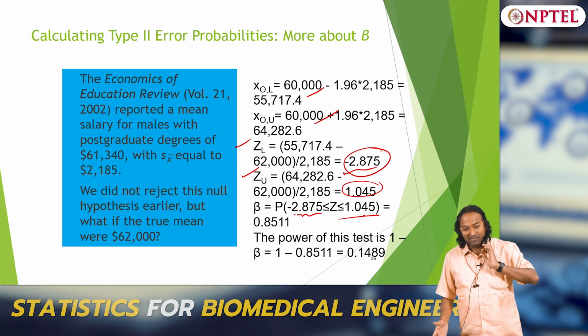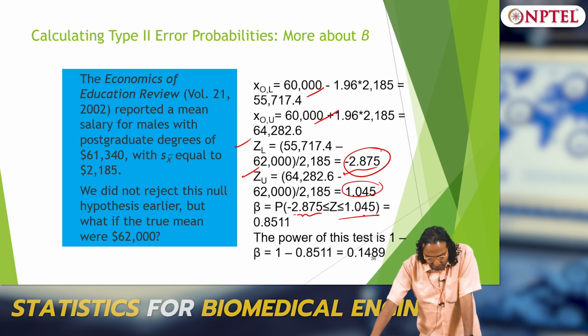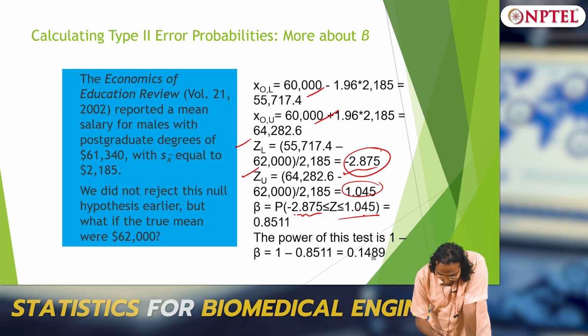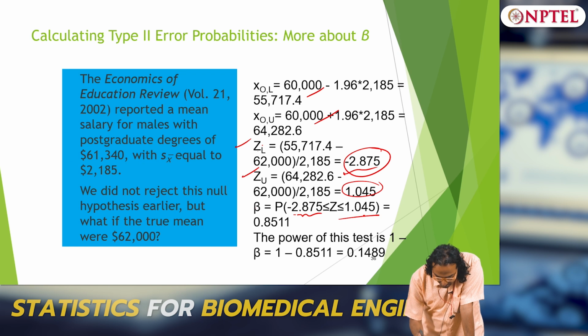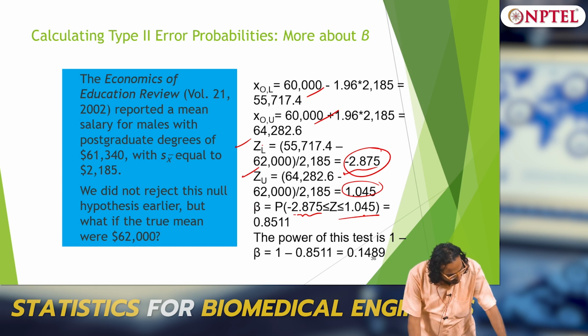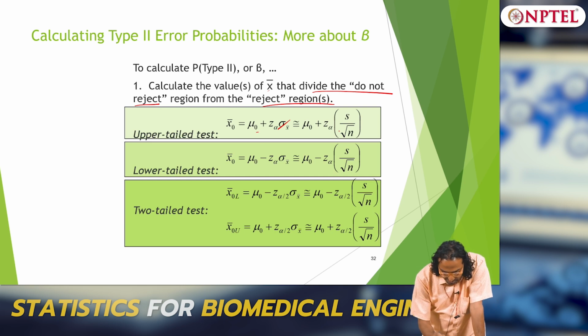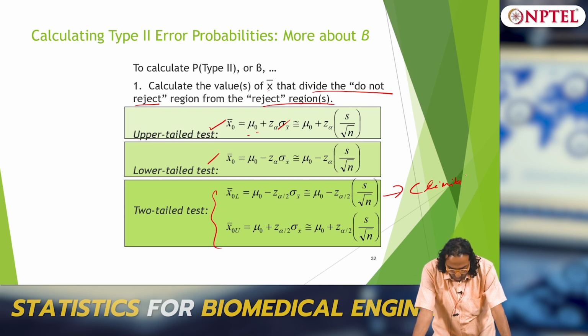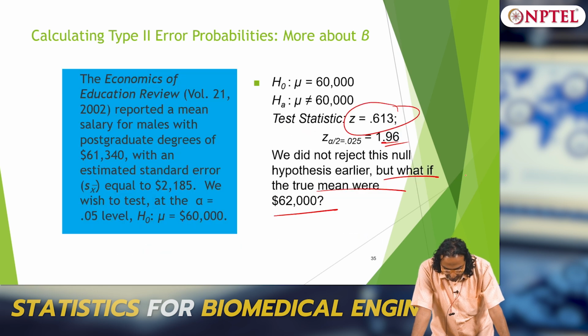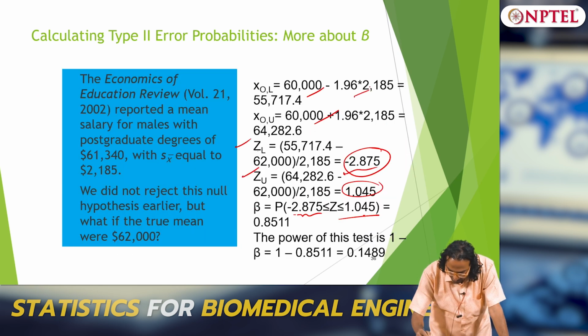Clear, right. So in this case, what did we do? I first calculated the acceptance or rejection limits. This is the upper tail, x bar mu naught plus r, and this is the lower tail, the two tailed test; these are my confidence limits, x naught lower and x naught upper.